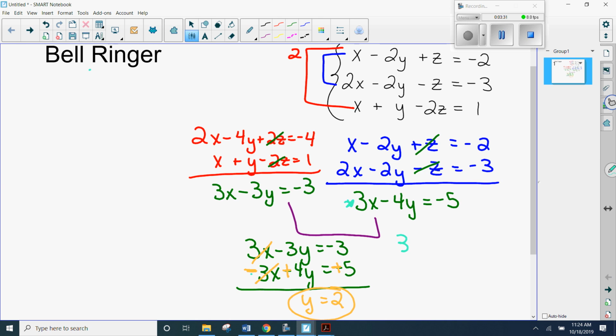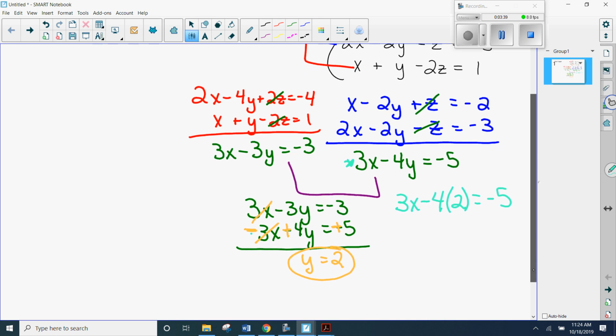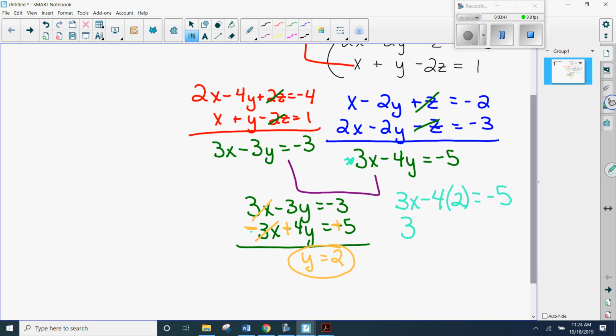So we're going to do 3x minus 4 times y, which is 2, equals -5. Can you see that color okay? Yeah. So you get 3x minus 8 is equal to -5. So if you add 8, you get 3. So x is equal to 1. So x should be 1, y should be 2.